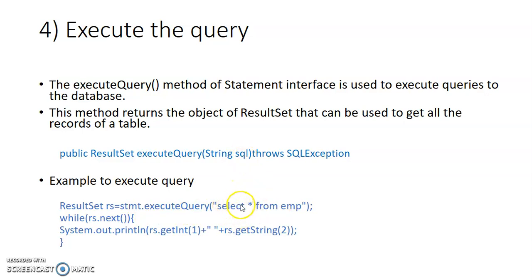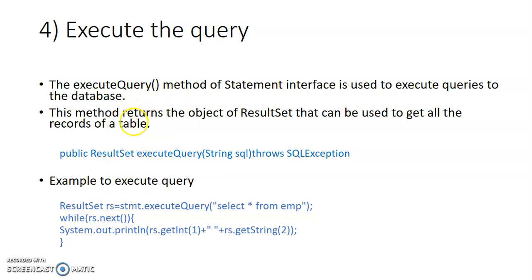So here I am going to write down the query: select star from EMP. EMP is a table which I have already created using the Oracle database. So I am saying here select star from EMP. It will extract the data and store it in rs, the rs object. Now if you want to print this data on your screen, you have to use this while rs.next.